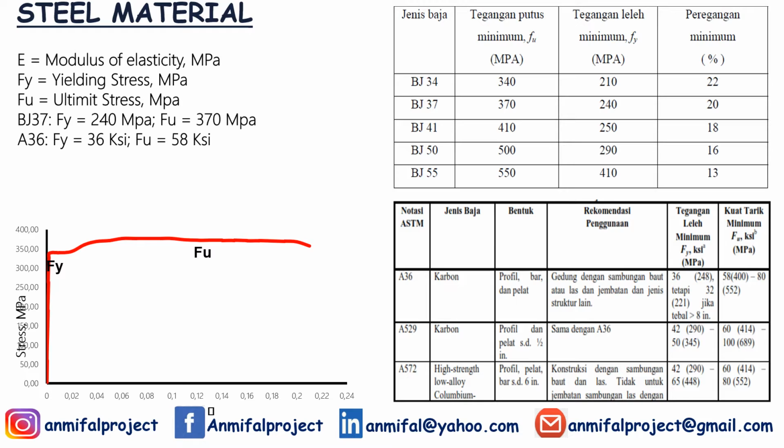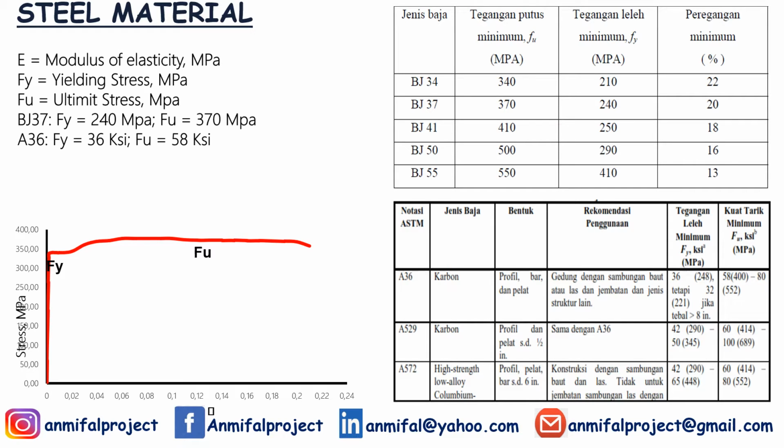Before discussing the structure analysis of the steel structure, we should know about the steel material. The steel material can be classified from its stress-strain curve. The stress-strain curve can be found from the tension test performed by a universal testing machine.